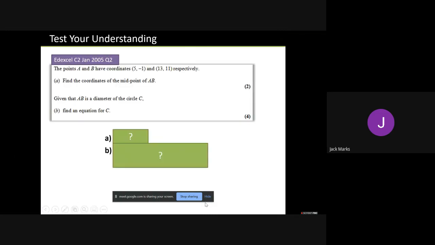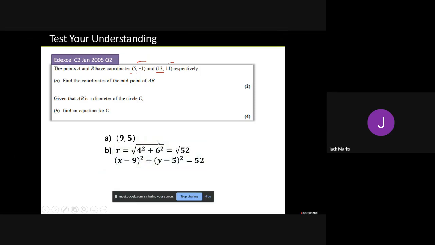Just pause the video here and check that you can answer the questions on the board in the same way. Okay, so midpoints using the formula or by inspection, as we've talked about before. Just make sure that you look at the x's and then the y's. Diameter, the diameter is AB, so we can find that and divide it by 2.